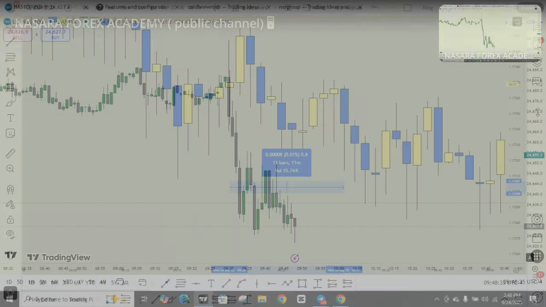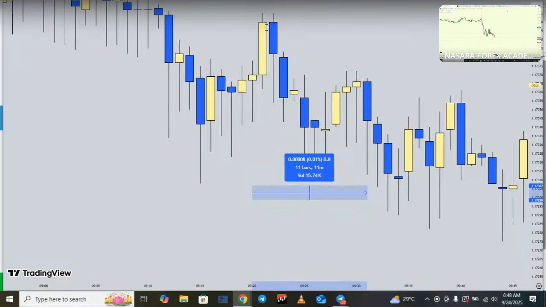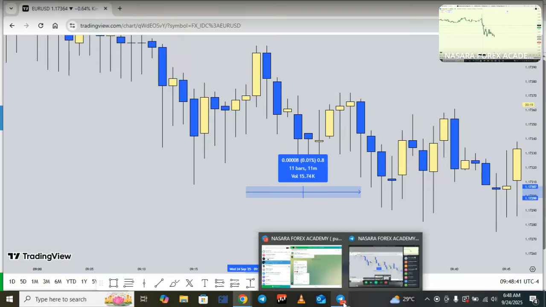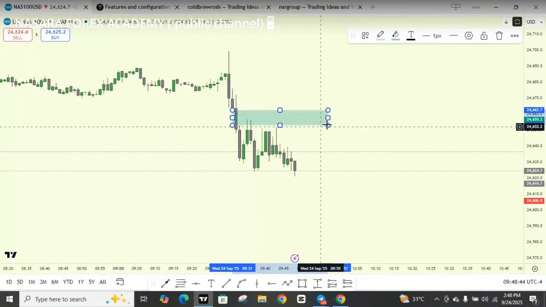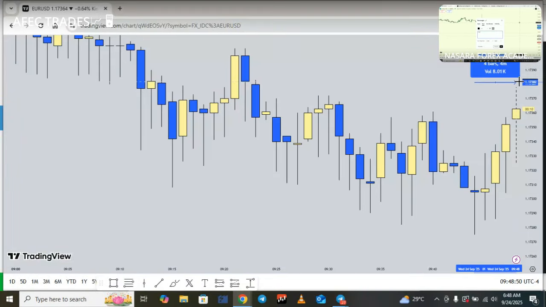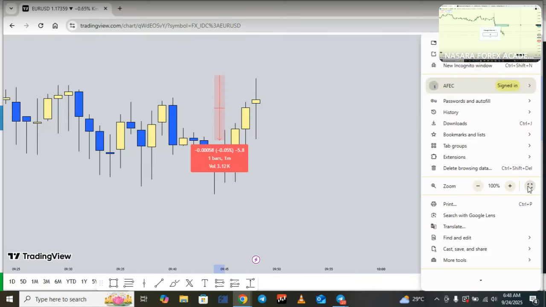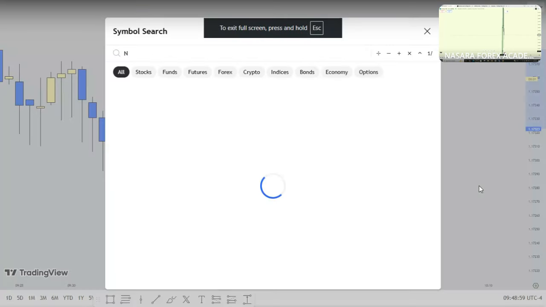Can you see my chart? Yeah, the chart is visible. So this is like all the breakdown from Afec, and if you could recall, this is what he mentioned.